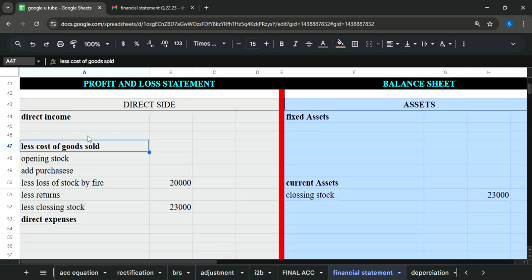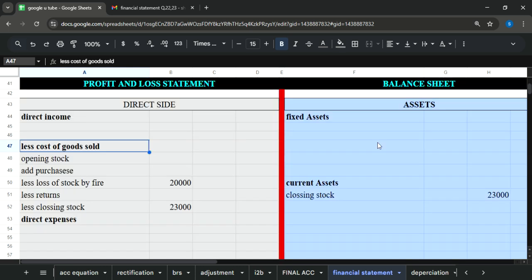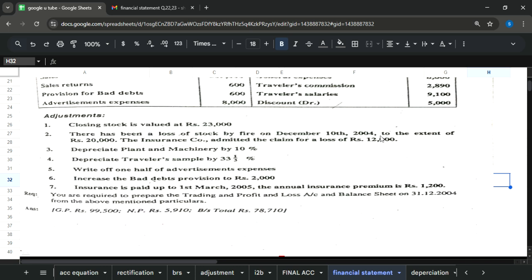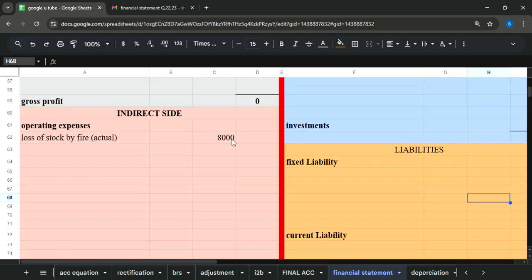And since this promise of the insurance company to pay 12,000 is receivable for us, you will go over here and write receivable from insurance company, 12,000 they will be paying. Once again, you have seen that the 20,000 total loss is subtracted from purchases, the actual loss was 8,000 so you have put it in operating expenses.